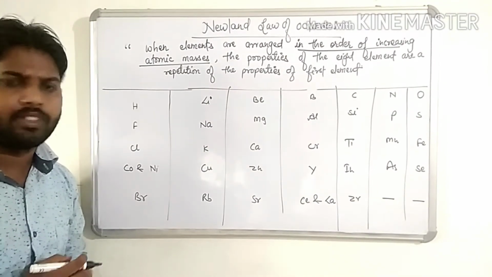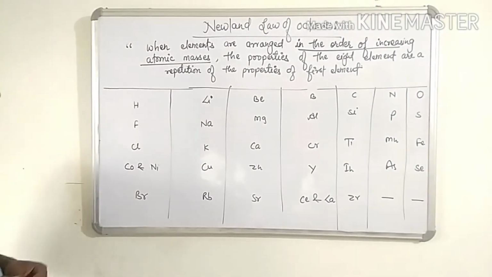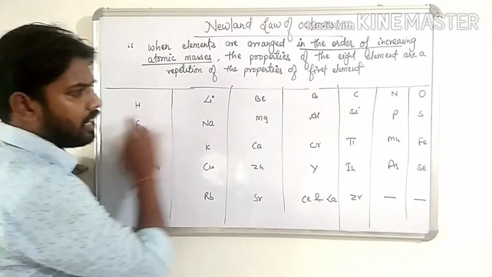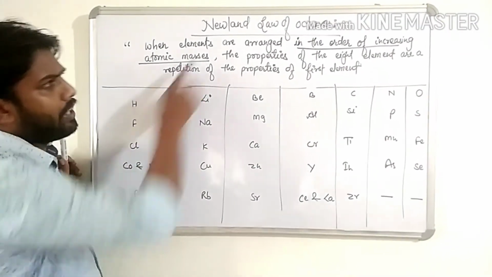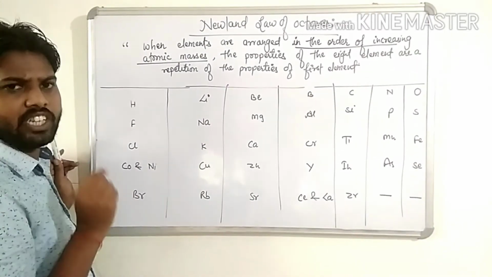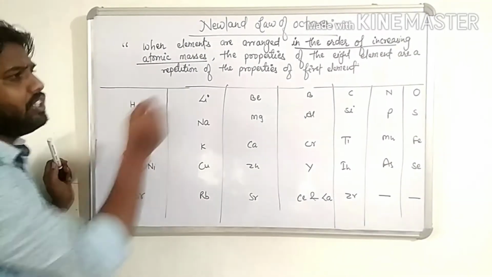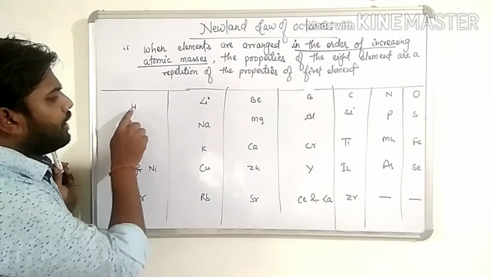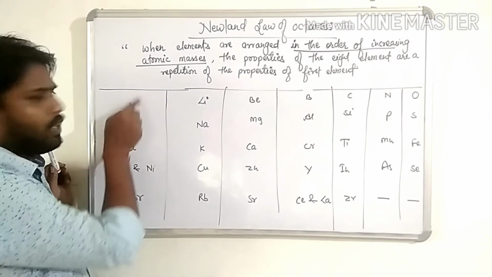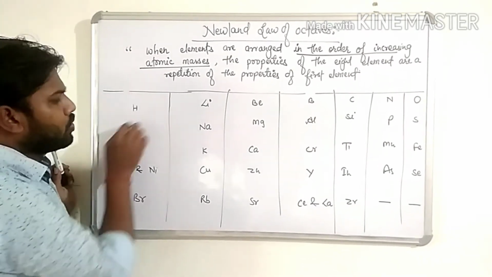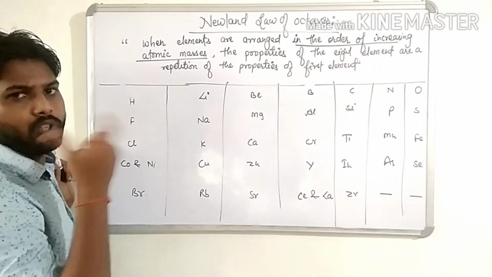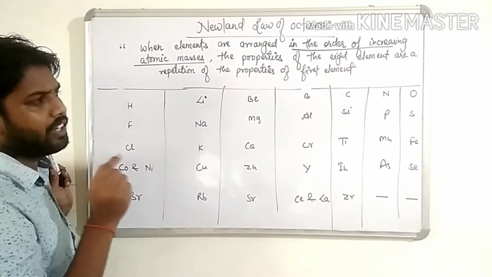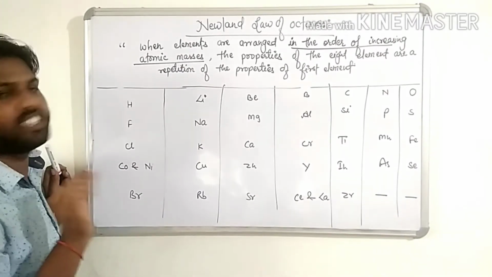See, children, how these elements are arranged in the order of increasing atomic masses by Newlands. So let us check how this happens. If we take hydrogen as the first element, there are 8 notes in an octave in music: sa re ga ma pa dha ni sa.